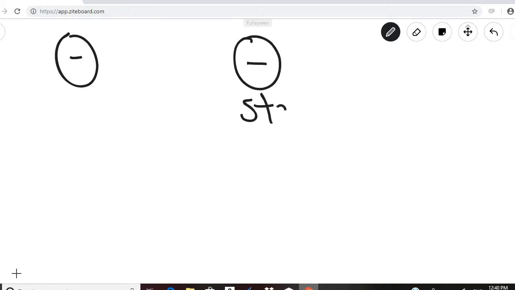We could look at another example. What if we had two negative charges, so we have these two negative charges, and this is the stationary one here.